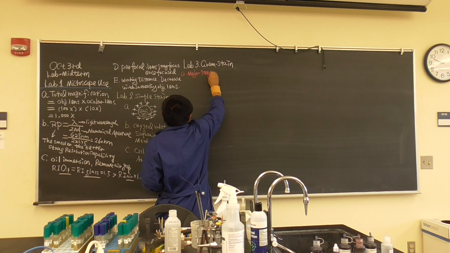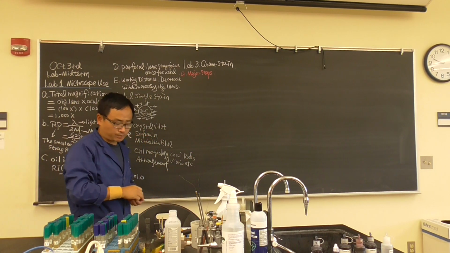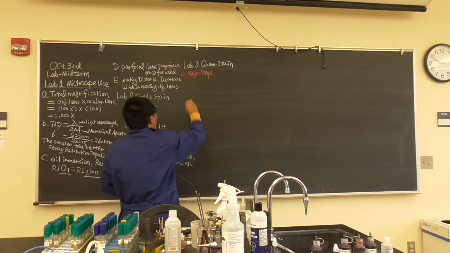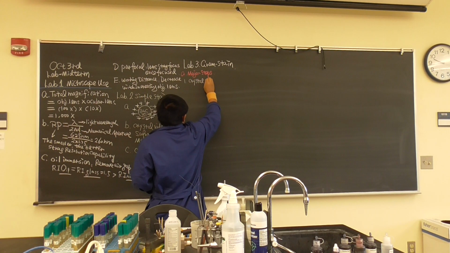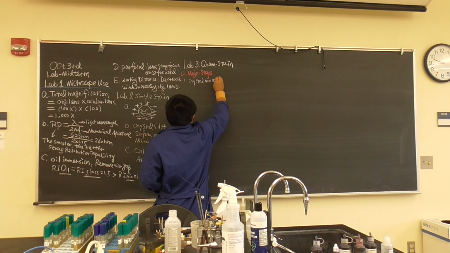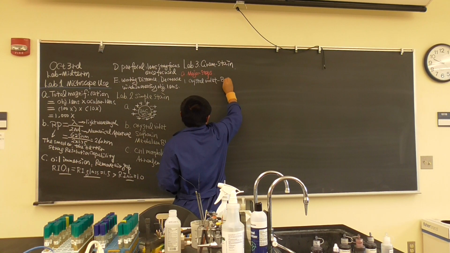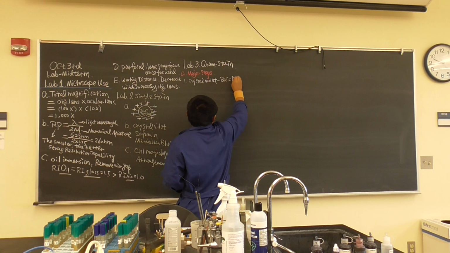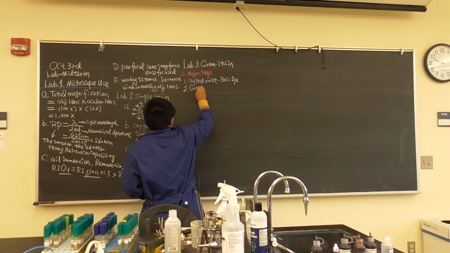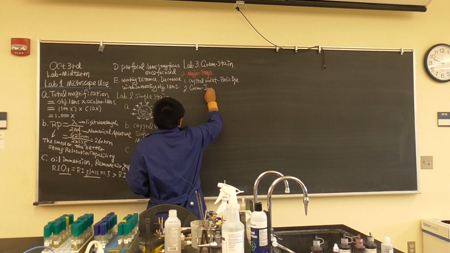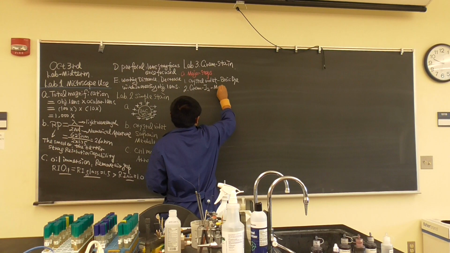The first step is number one, crystal violet, whose function is a basic dye. The second step is we add Gram's iodine to make it stay strong, so we call it a mordant.